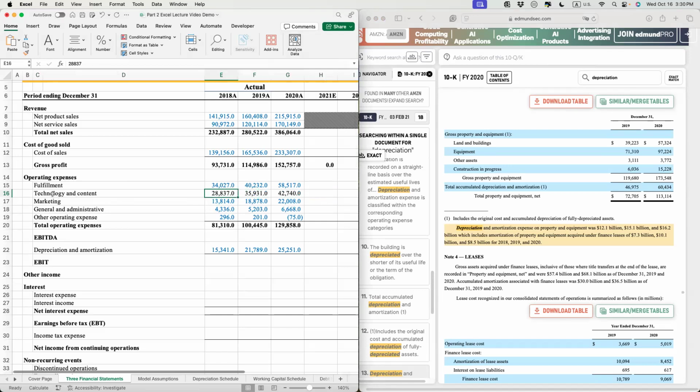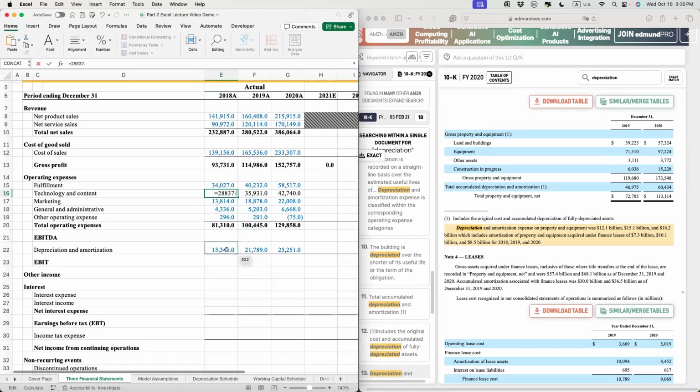So since this is the first candidate that pops up in the 10-K filings, let's exclude the depreciation out of technology and content, meaning that we do need to make a little adjustment. This is the extra technology and content operating expense, and we know part of that includes the depreciation and amortization.